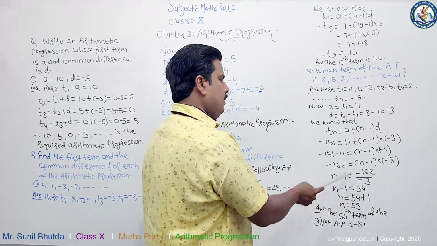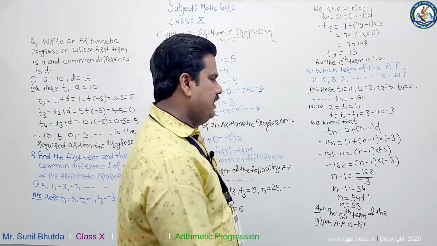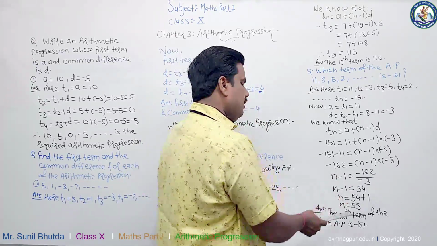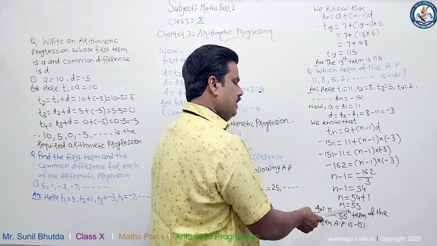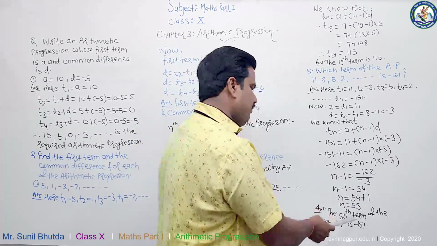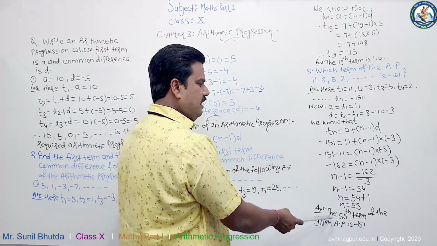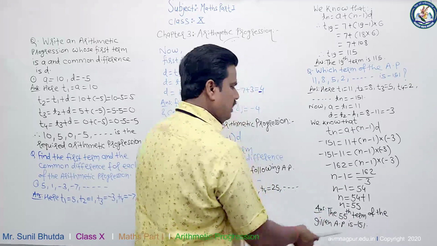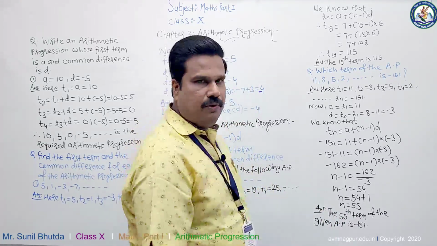Now transfer minus 1 to the right hand side. It will become plus 1, and 54 plus 1 gives 55. Therefore the answer is 55. Small n is 55. Lastly, write the answer. The 55th term of the given AP is minus 151.